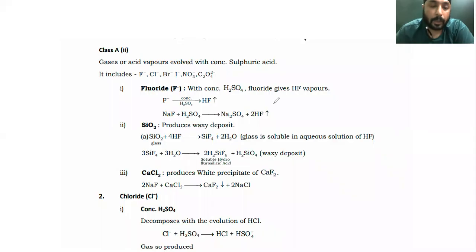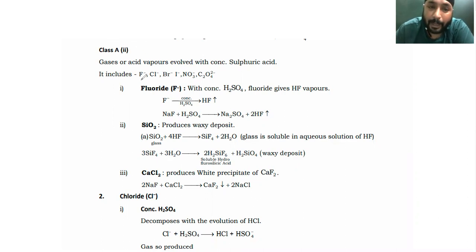Okay. Now, guys, we'll be studying about class 2A anions, right? We very well know that class 2 anions are those anions which will give a preliminary test. Either they will evolve a gas, or they will produce a colored gas as a prelim test with only concentrated H2SO4 along with heating, right? What are the class 2 ions here?